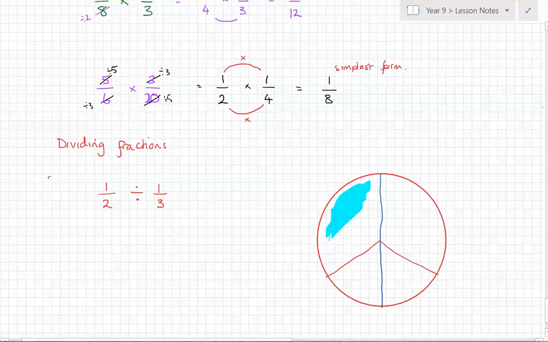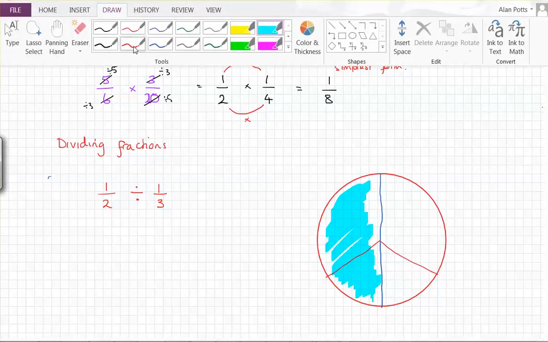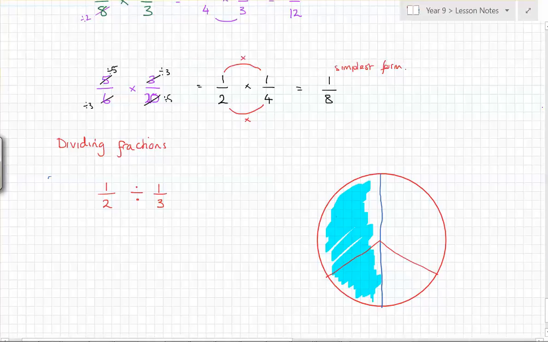I only have this half. So if I split the 1/2 that I'm allowed, so ignore this half, but I've used it to split the whole thing into thirds because that's what I'm dividing into. How many thirds are there in a half? It's actually quite a hard one.